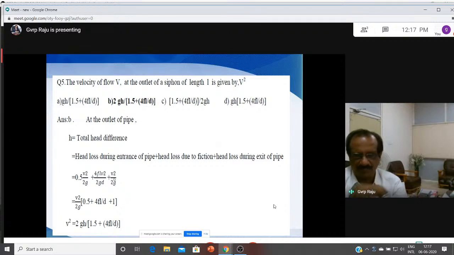Taking V square by 2g out, we get 0.5 plus 4 f L by D plus 1. If you simplify this, V square is equal to 2 g H by (1.5 plus 4 f L by D). This is very simple, provided you know all three losses, and you can straight away give the answer here.